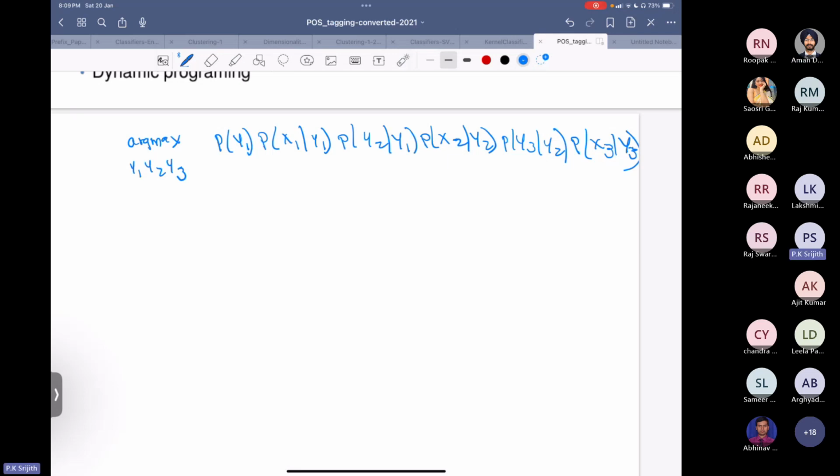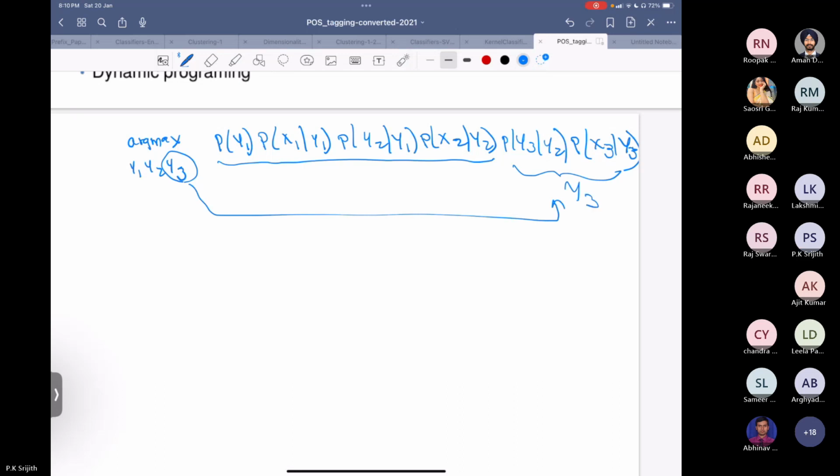Now what I can do is bring the maximization inside this product, because these components do not depend upon y3. y3 comes into the picture only here, and then these components do not depend upon y2.